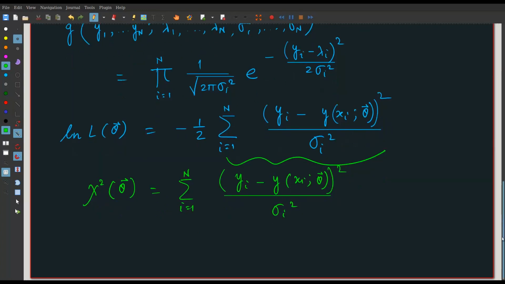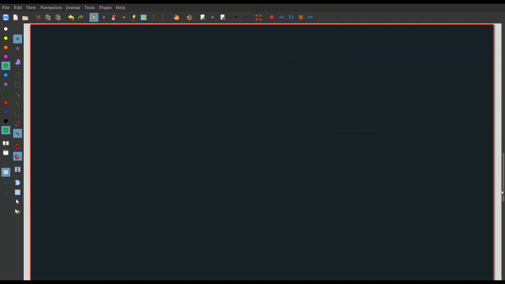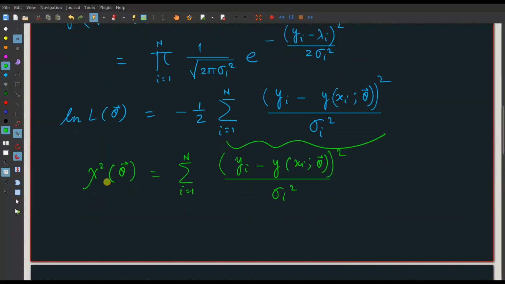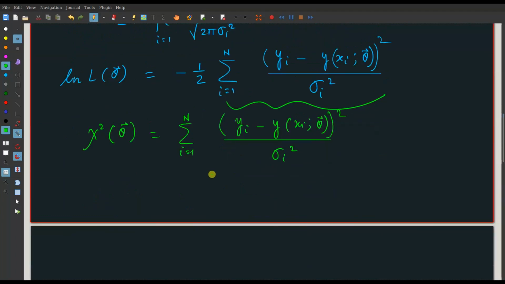So instead of maximizing the log likelihood, I can choose to minimize the chi-square function, which will have the same effect as maximizing the likelihood because of the negative sign in front.